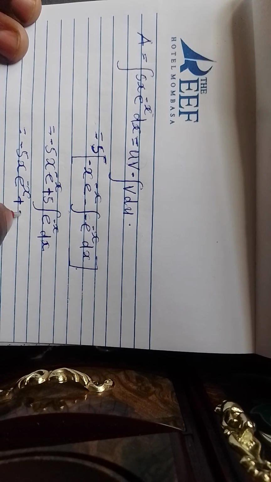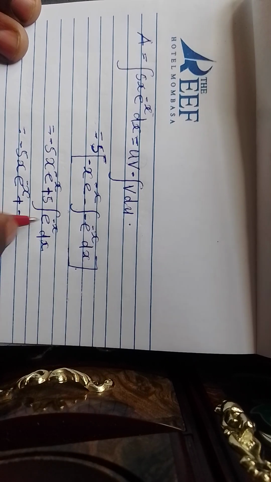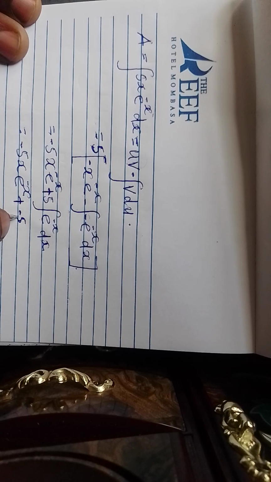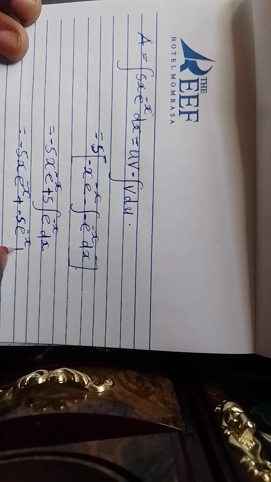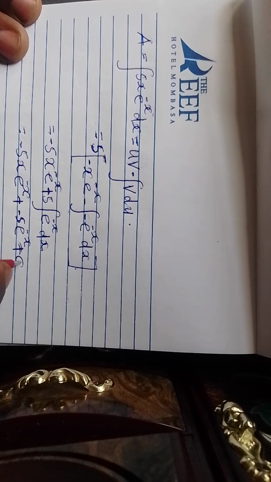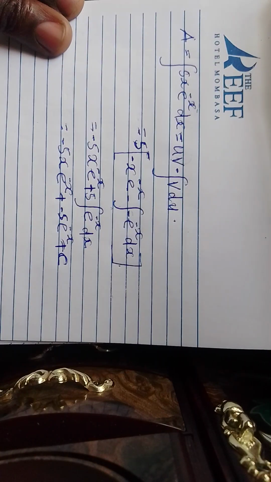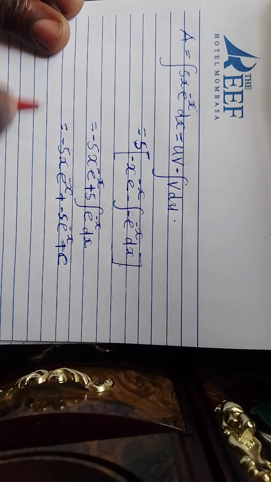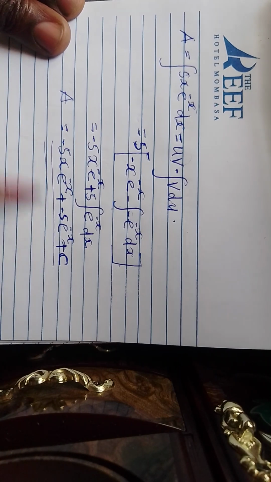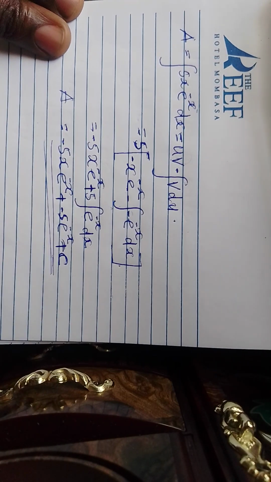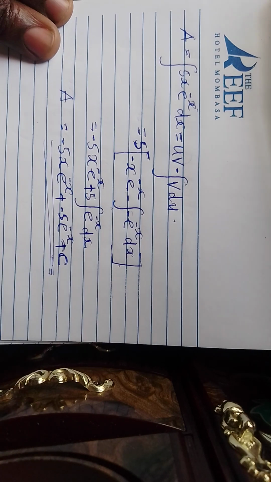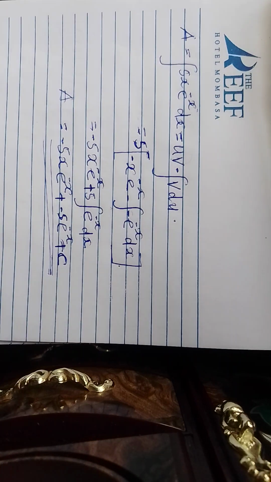You now have a negative, but we have 5 here, so negative 5 exponential raised to power negative x plus a constant. Learners, if you do it in the same way, you will get your A to be this term here. It looks a bit longer, but let us just follow the right channel.